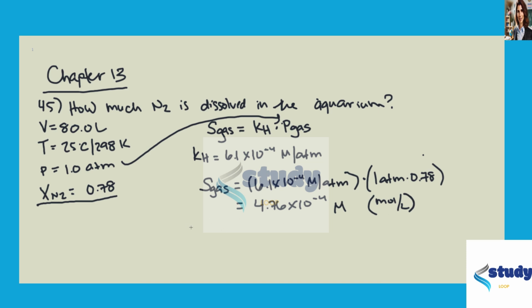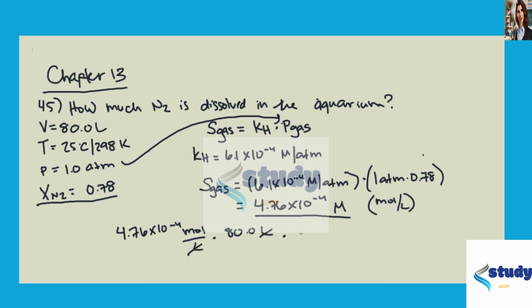Now, knowing that we have this particular concentration of nitrogen in the aquarium, we can figure out how many moles we have by knowing that we have an 80-liter aquarium.